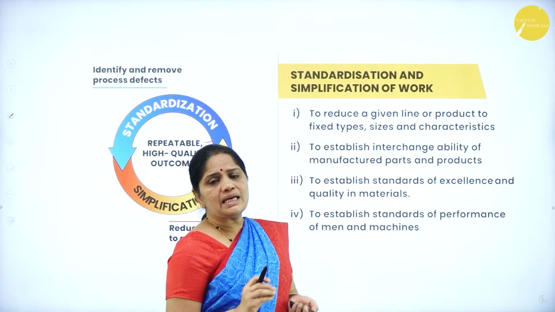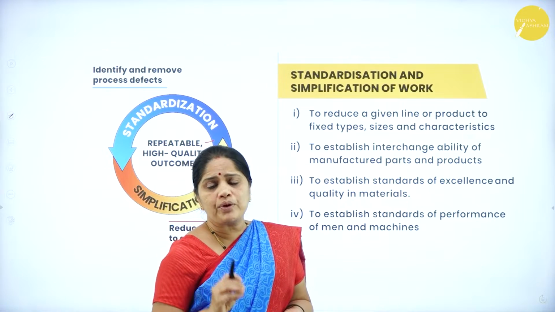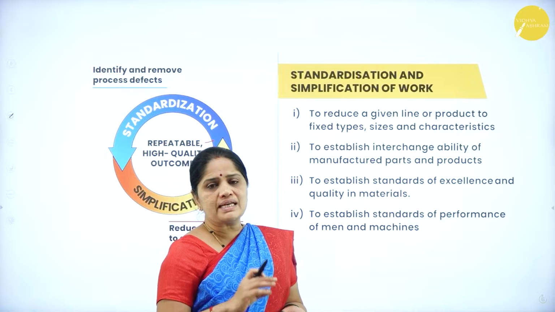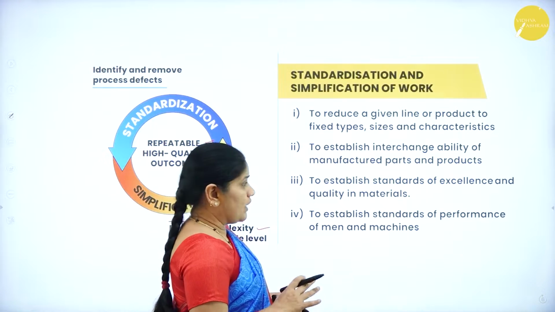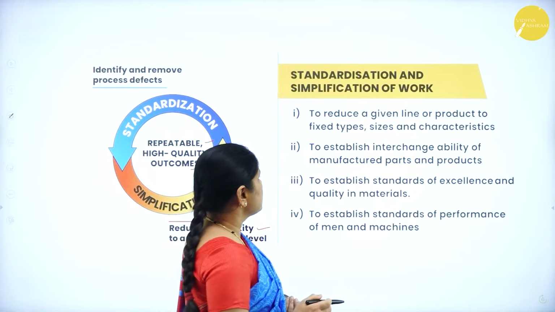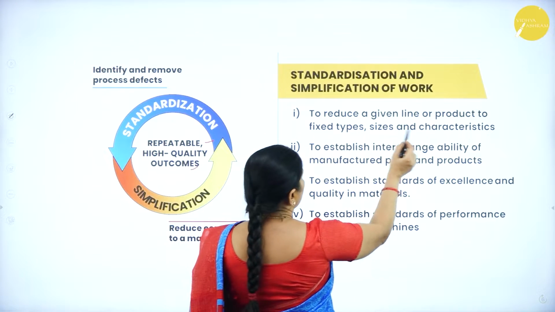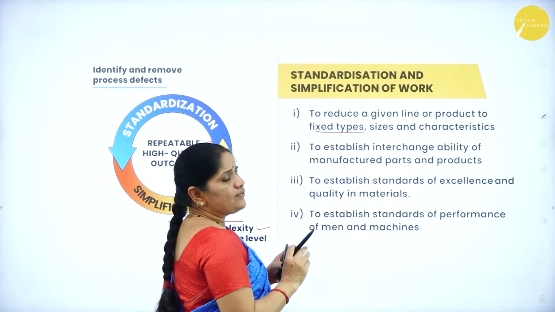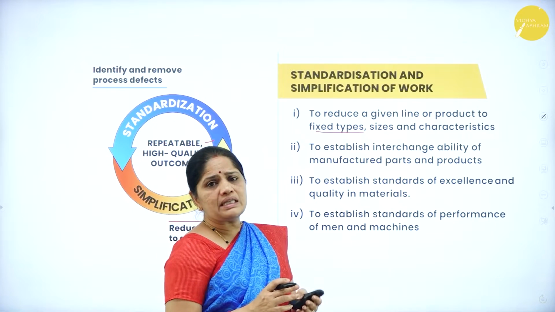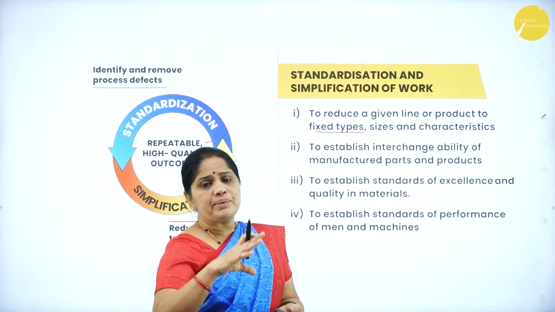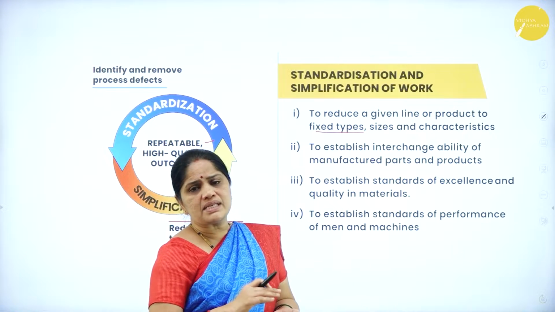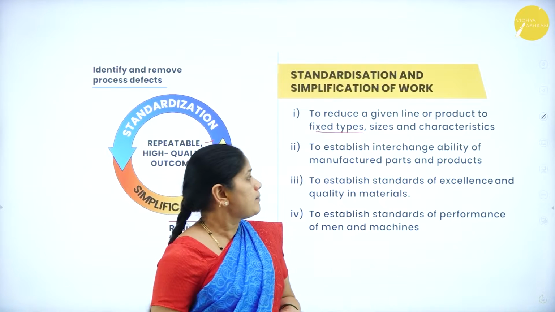You should see that the products which you are providing to the customers are of the same quality, same size and the same specifications. Now, why do we need standardization? Standardization is necessary to reduce a given line or a product to fixed types. If it is a soap manufacturing company, you see that the soaps of a particular weight, particular perfume or particular company will be of the same standard, same size, and quality is maintained.